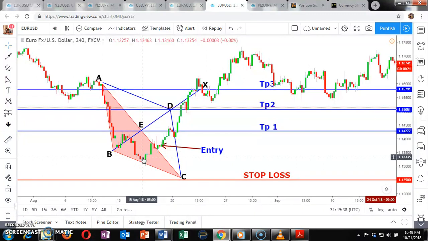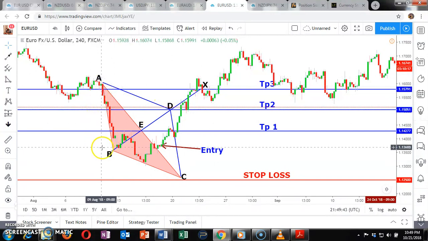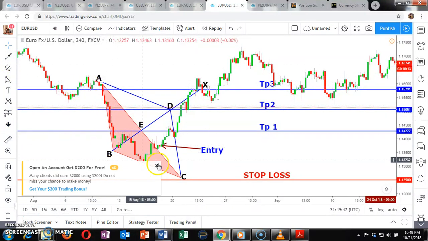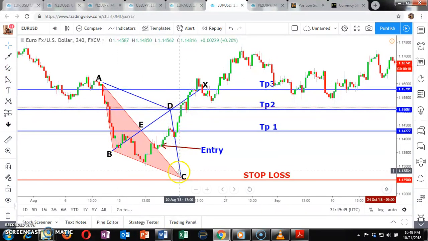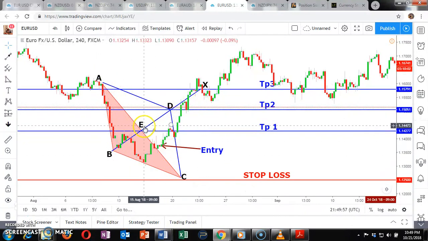Now, after you've drawn your rhombus, you've measured your point A to point B and taken it to put it on top of your C to get your C to D, and you've measured your B to C to get your A to D, and then you've measured your E to D to get your D to X, right?